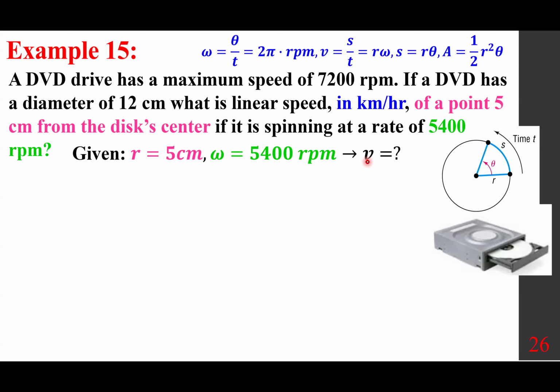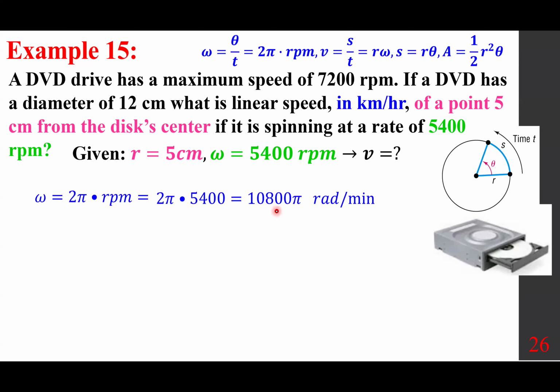V equals R omega, but first we have to put the omega from revolutions per minute to radians. We multiply the omega by 2 pi. So 2 pi times 5,400 gives us 10,800 pi radians per minute.